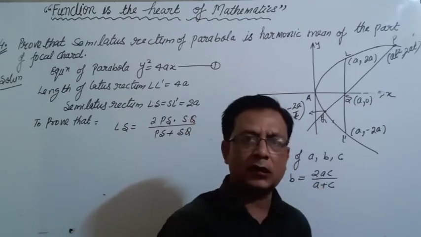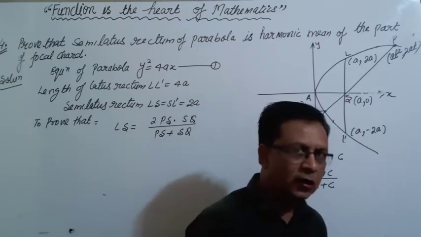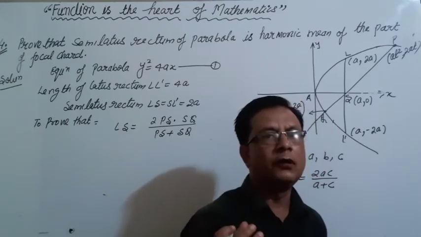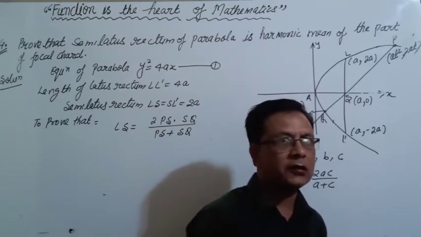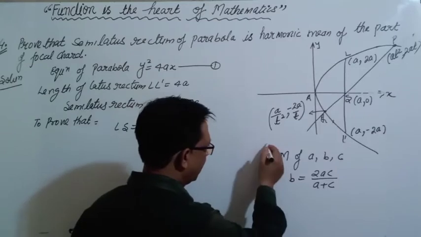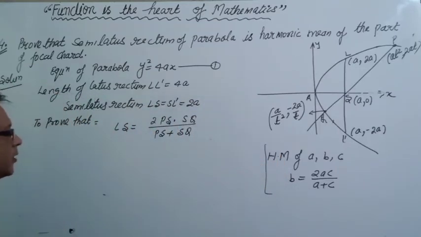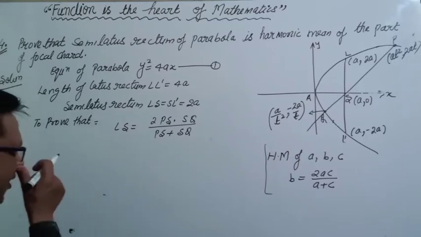Harmonic mean is nothing but the reciprocal of the arithmetic mean. Okay students, you already learned what an arithmetic series is, so the harmonic mean is nothing but the reciprocal of the arithmetic mean. So without wasting our time, we are going to show this.